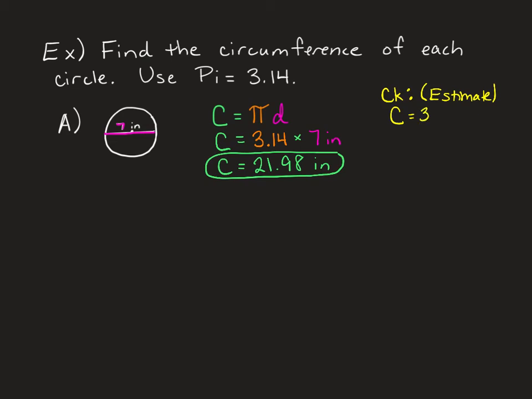So it should be a little over 3 times 7, and that's 21. And so since we got 21.98, then 21 inches for an estimate made sense. So I would agree. I would say that this answer is correct. It makes sense that if the distance across is 7 inches, the distance around is a little over 3 times that.